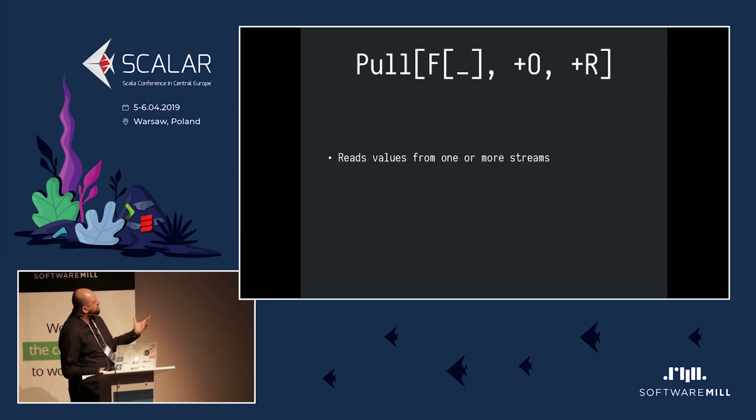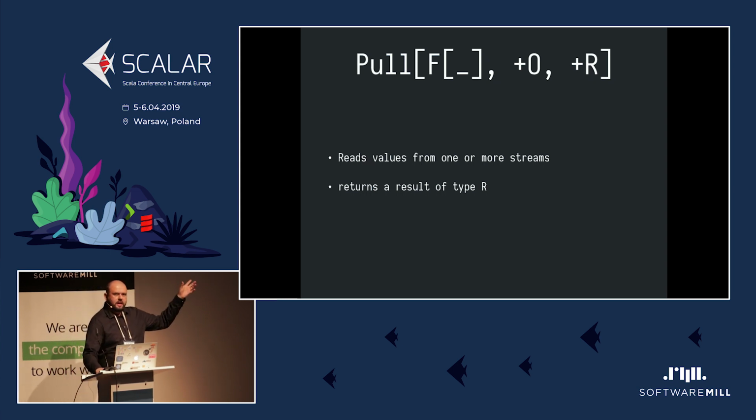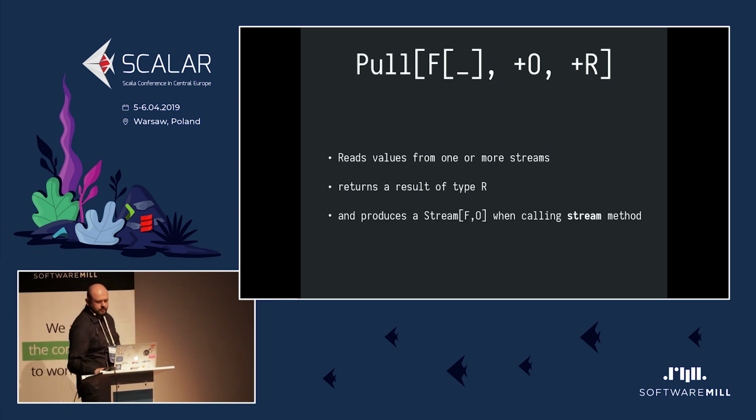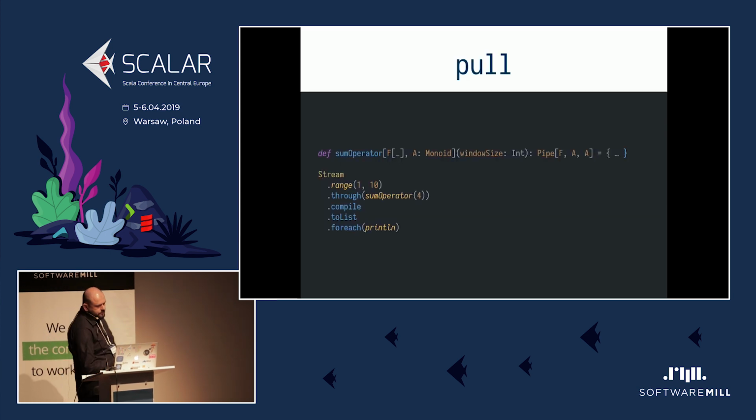The Pull definition describes that it reads values from one or more streams, returns a result of type R, but this result is not the result of the stream itself, but the result of the Pull, and it's required when we're combining Pulls. There will be an example later. And the last functionality is that it produces Stream[F, O] when we call the stream method on that class. So I prepared a small example of how it works.